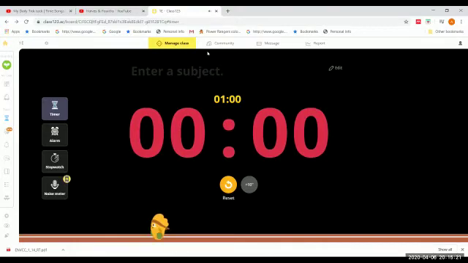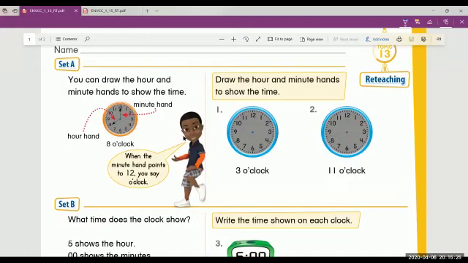Okay. Now here, 3 o'clock. When we say o'clock, the long hand, or the minute hand, is pointing to 12, and here 3, so the hour hand is pointing to 3.